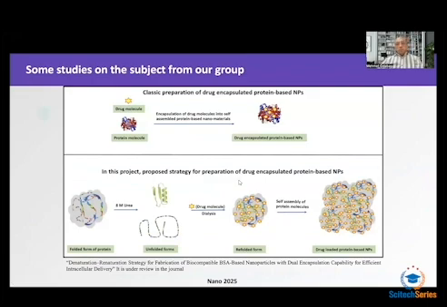Here you can see two types of nanomaterial preparations. In the first part, classic preparation of drug encapsulated protein-based nanoparticles, and second part, preparation of drug encapsulated protein-based nanomaterials by denatured protein.